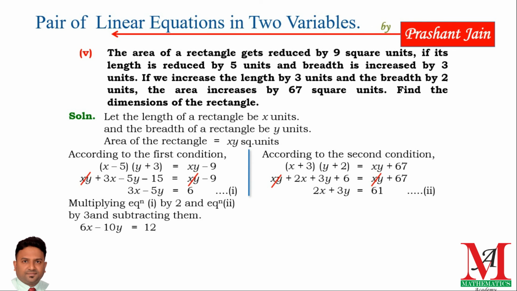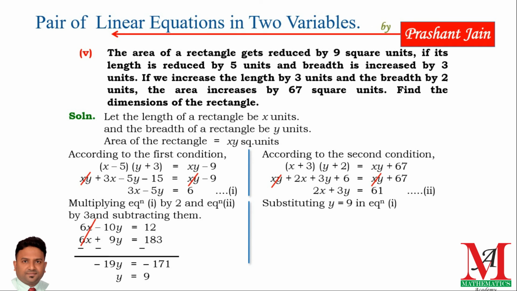After multiplying by 3 in equation number 2 we get this equation, and definitely the coefficient of x is the same with the sign also the same, so we have to change the sign of the second equation. So x cancel with each other, and for the remaining thing you can find the value of y directly, and that is 9.